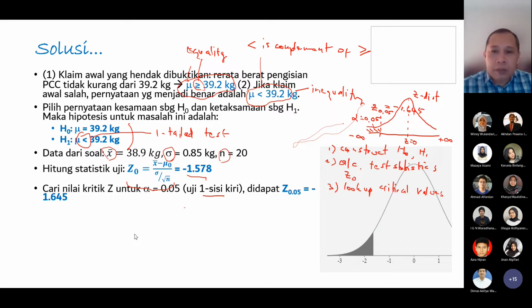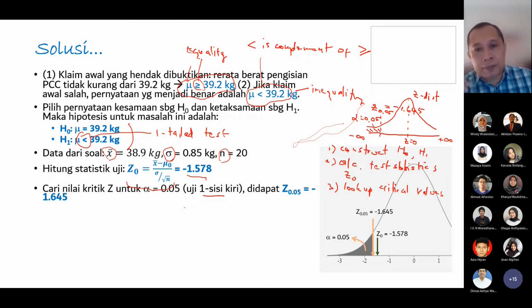Okay, and as you can see on the figure that just popped up there, oh, sorry about that. There we go. So the alpha, the area under the curve, is 5%, and the critical z value that corresponds to that area is minus 1.645. And our test statistic is minus 1.578.